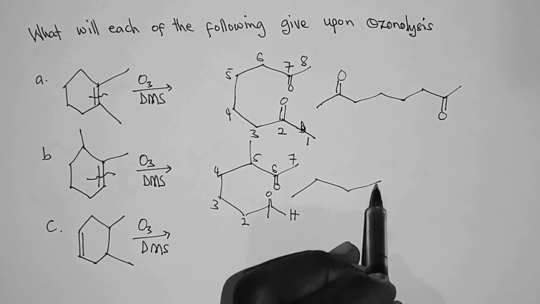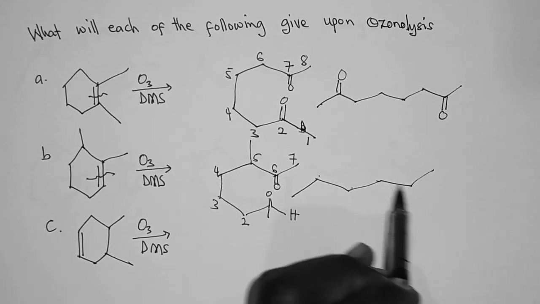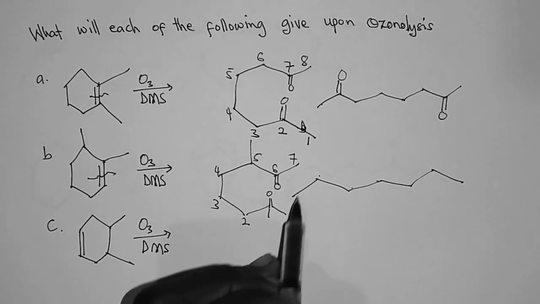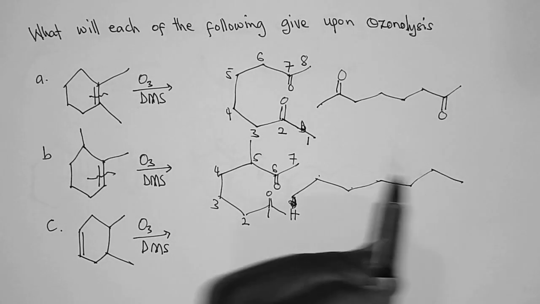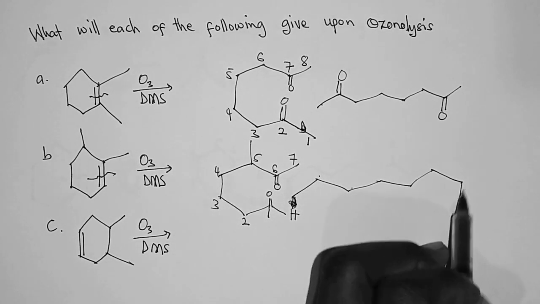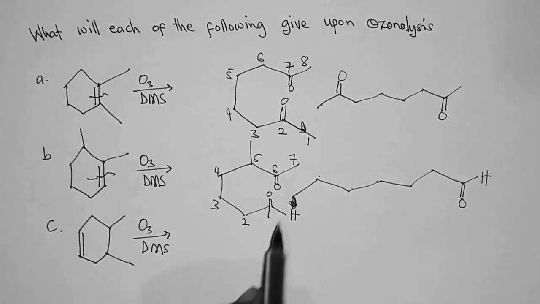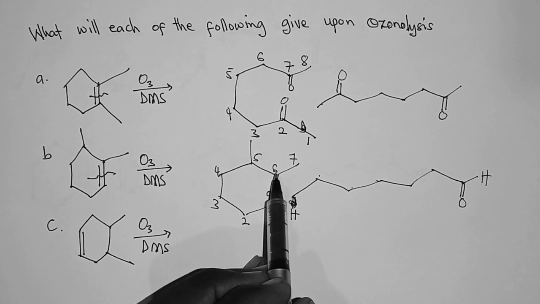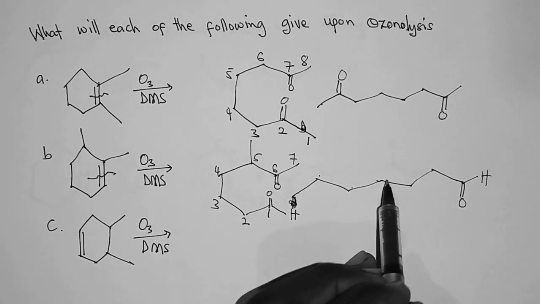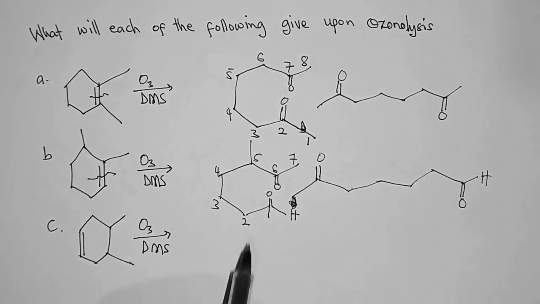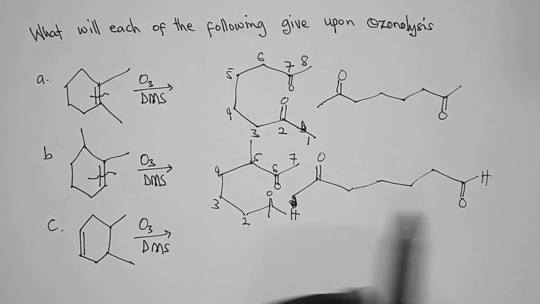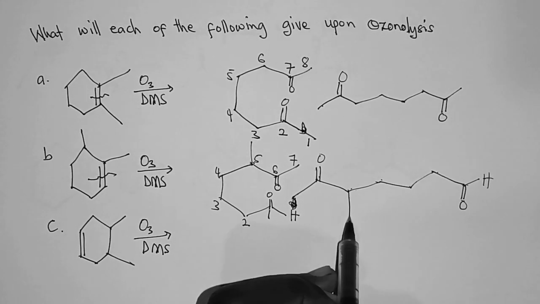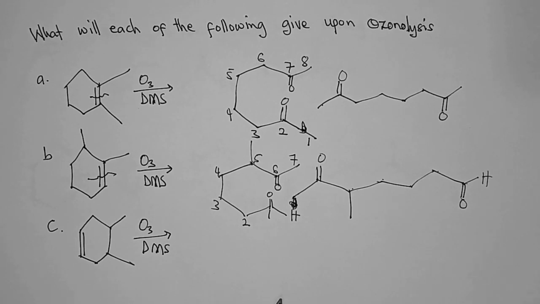Then this is the first carbonyl center, so there's an aldehyde here. Then on carbon number 6, there is a ketone. But on carbon number 5, there is a methyl group over there. And that's the molecule you will form.